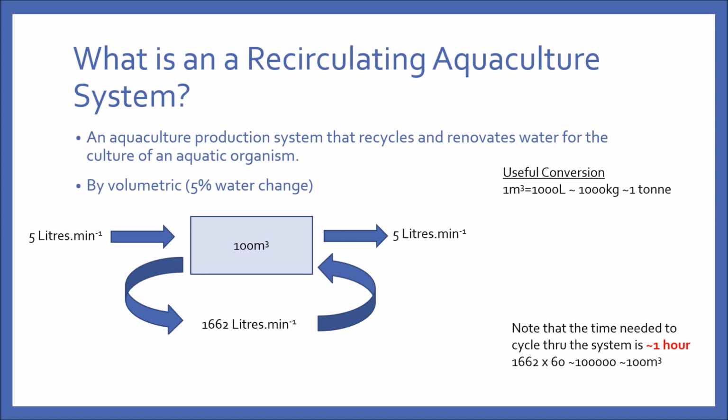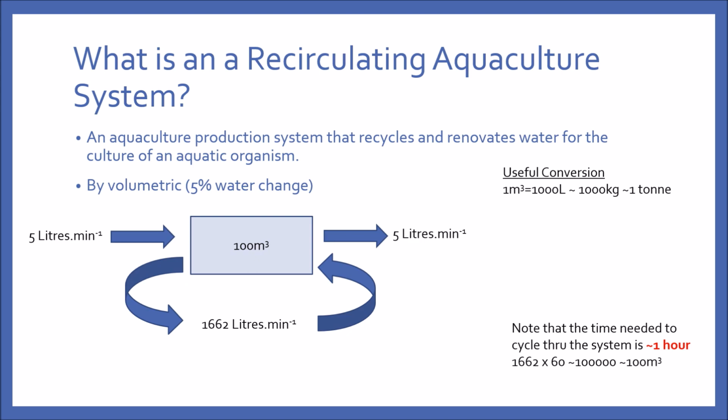So, how do we define a recirculating aquaculture system? By definition, it is an aquaculture production system that recycles and renovates the water for the culture of an aquatic organism. A simple way to define the amount of recirculation is a 95% recirculation rate.